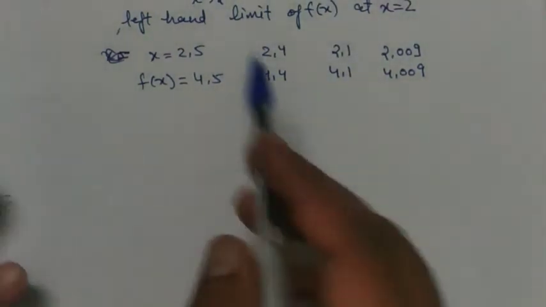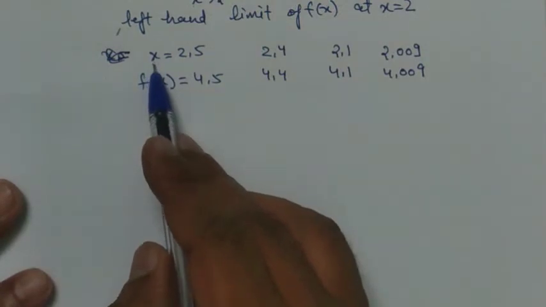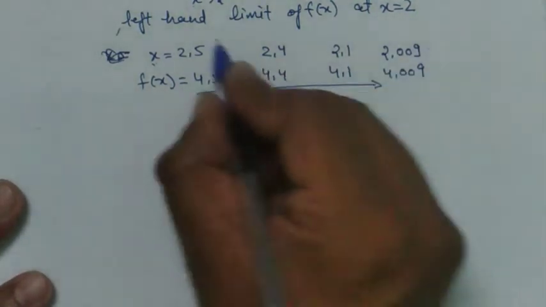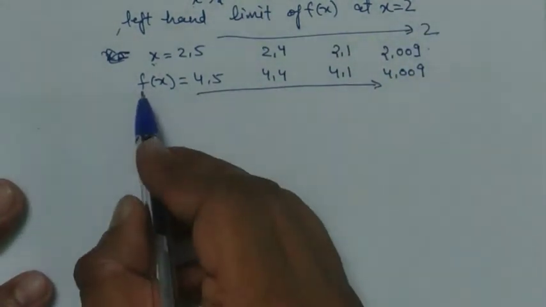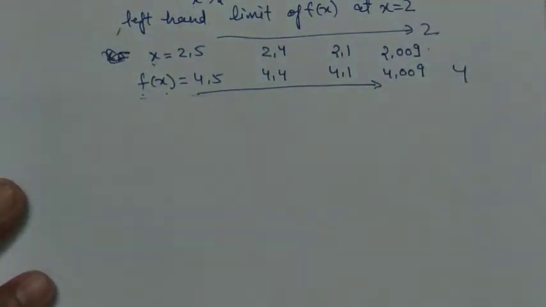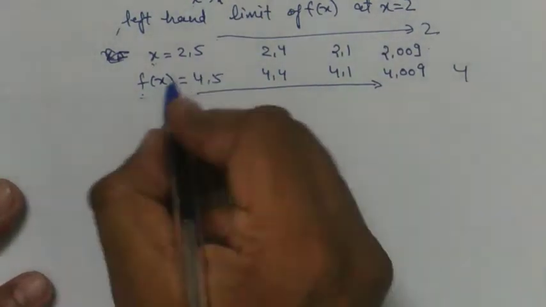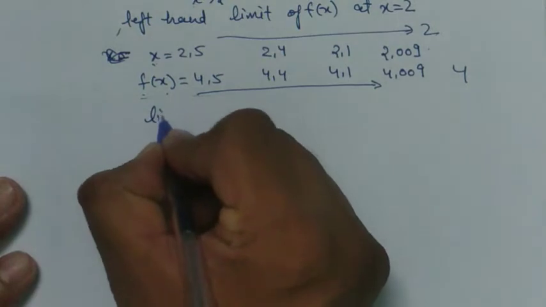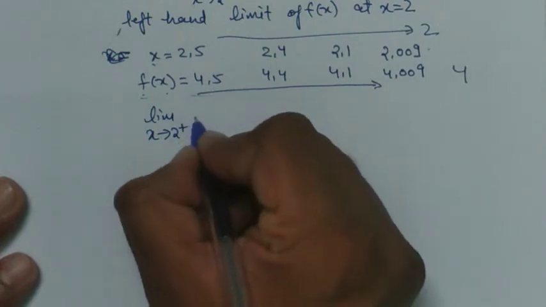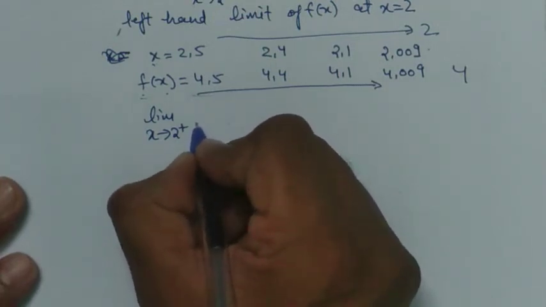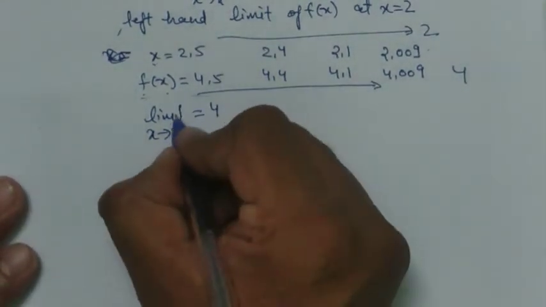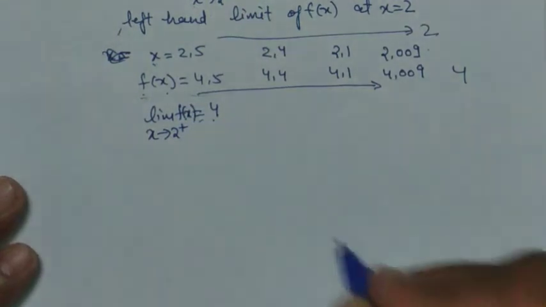So here you can see, as the value of x is decreasing to 2, the value of f(x) is coming closer to 4. This fact can be expressed by this expression: limit as x approaches 2 plus of f(x) is equal to 4.